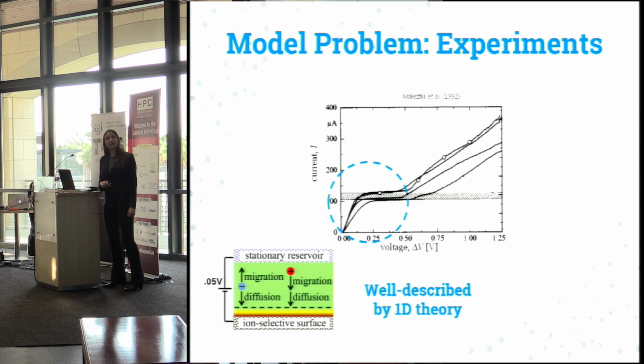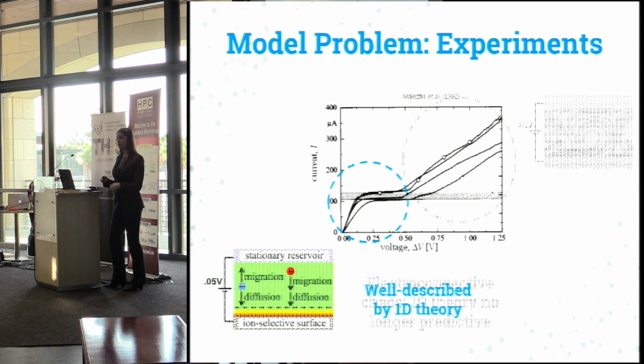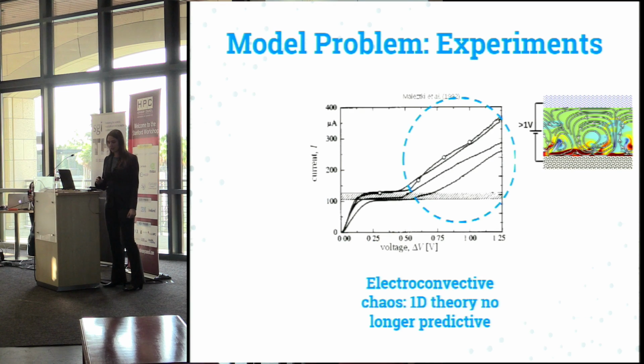So that means that these ions are moving only due to electromigration, which is the influence of the electric field on this charged particle, and diffusion. But at these higher applied voltages, the theory would continue to predict a straight line over here, but the experiments find that the current output is actually 3 to 4 times higher than what's predicted by the theory.